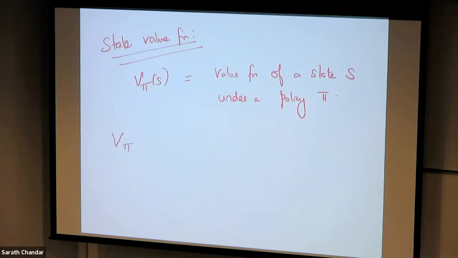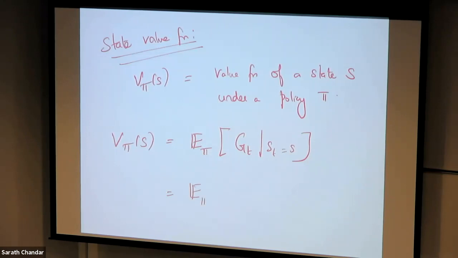Now V pi of s is given by the expected value of the return G_t given S_t equals s. So the value of a state is the expected value of the return that I will receive from that state. We know what G_t is. So this is the expected value of the summation, k equals 0 to infinity, of gamma to the power k times R_{t+k+1}, given S_t equals s, for all states.